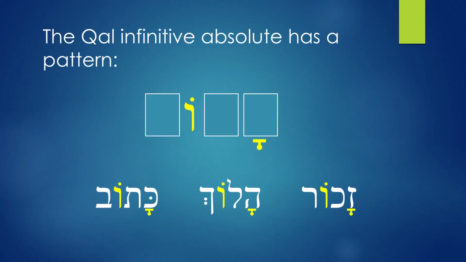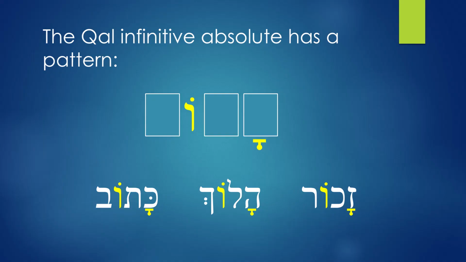The Qal infinitive absolute has a pattern. When you're forming it, it's formed in this way. Under the first consonant, you're going to have qamets, and between the second and third consonant, you're going to have holem waw. And so you're going to have qamets, holem waw. And so the sound that is created is a-o, a-o. For example, you have zakor, zakor.